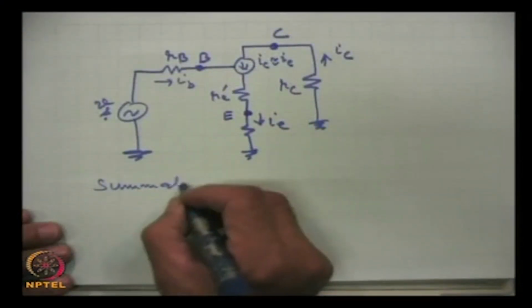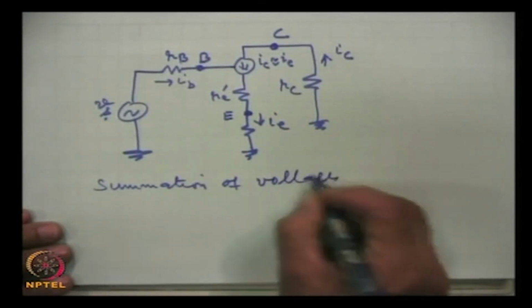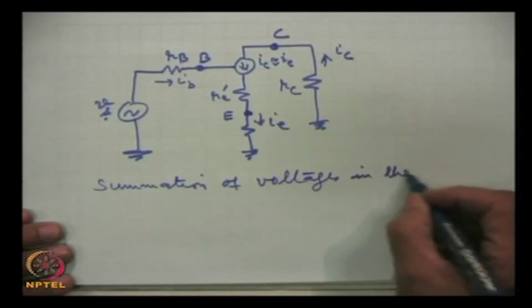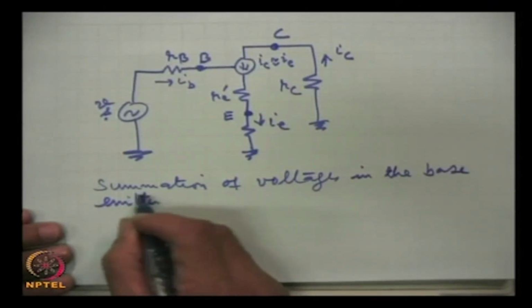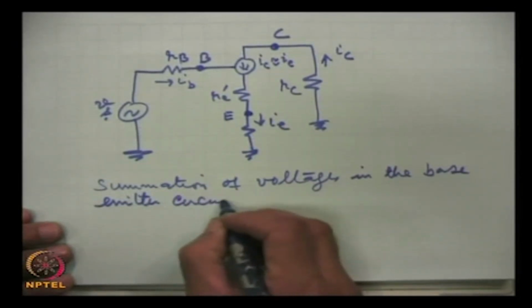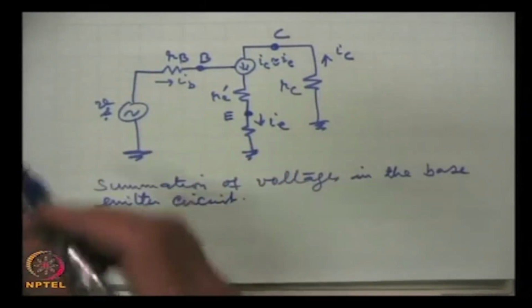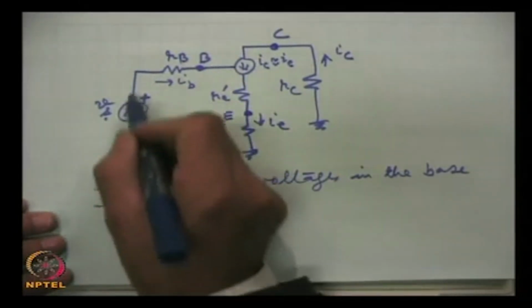So, summation of voltages in the base emitter circuit. At any instant we take the polarities like this, and we start from here.